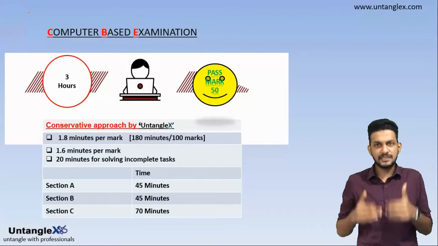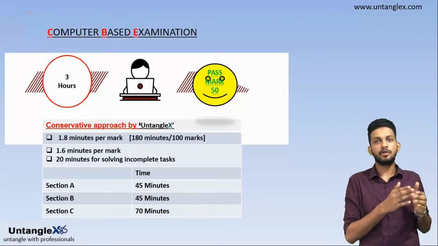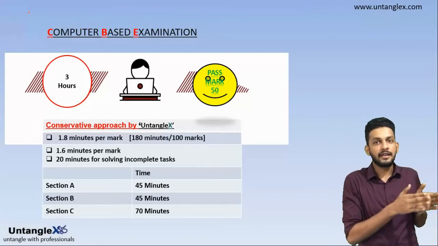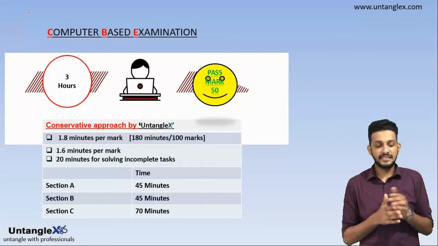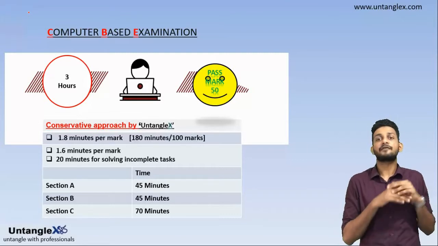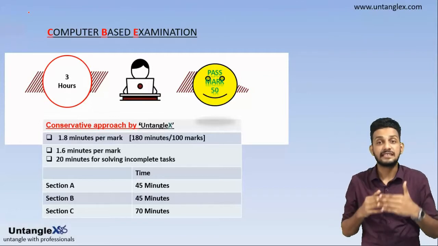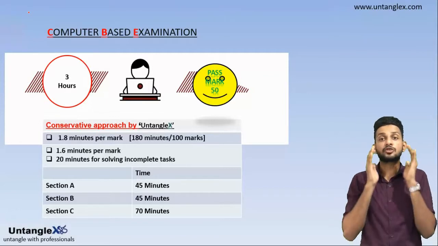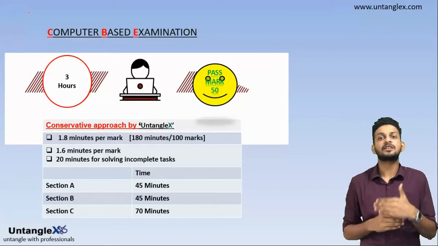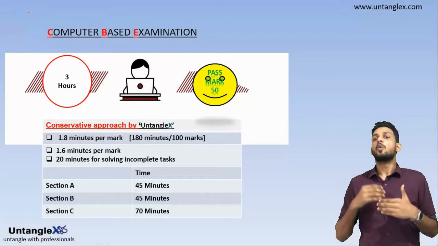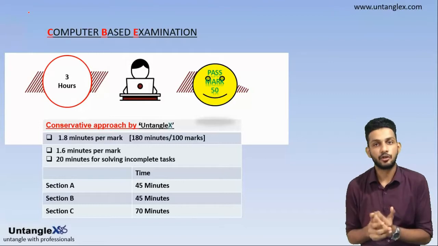As per our conservative approach, you have to complete 1 mark by consuming only 1.6 minutes. Section A and section B you have to complete within 90 minutes, and section C within 70 minutes. And we strongly recommend that you answer the questions which are very similar or easy to you, and leave the questions which are very difficult for you.